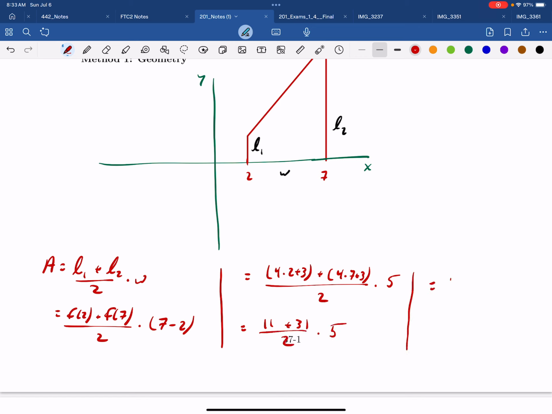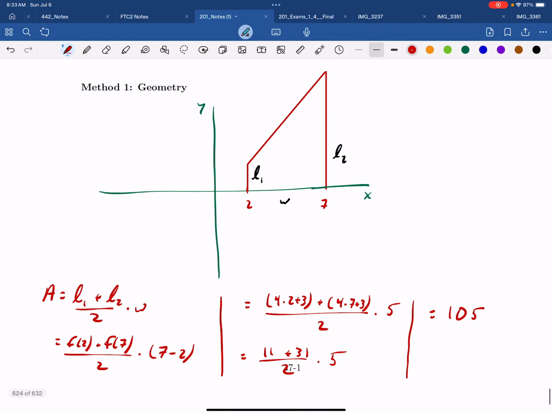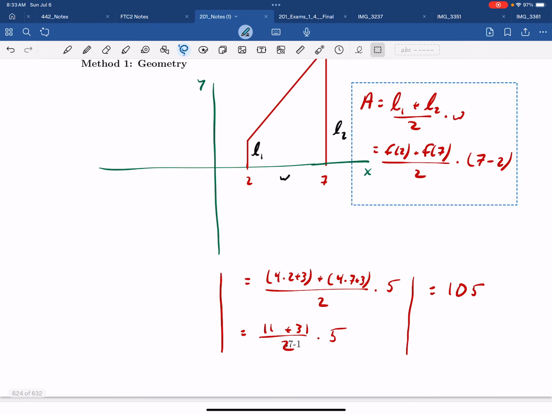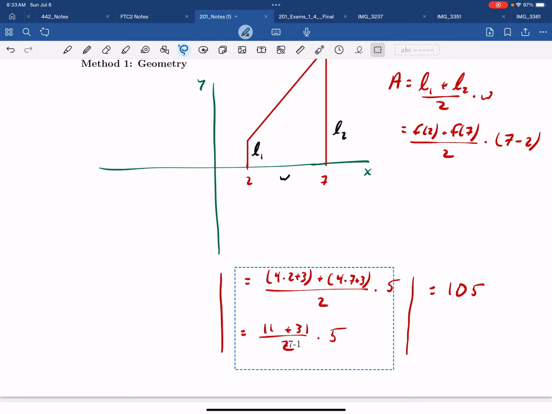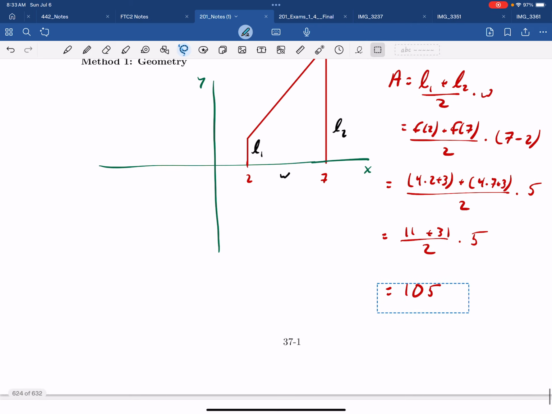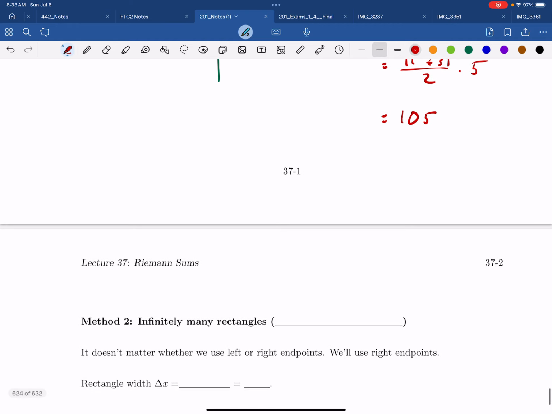And then this is going to wind up being 105. So that's the precise area under the curve. Maybe I could actually organize this a little bit better. All right, so that's our answer, 105.